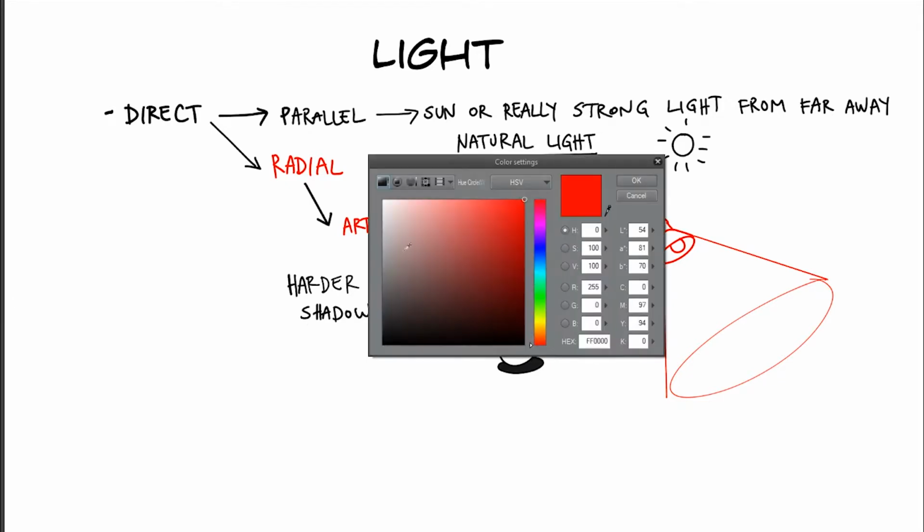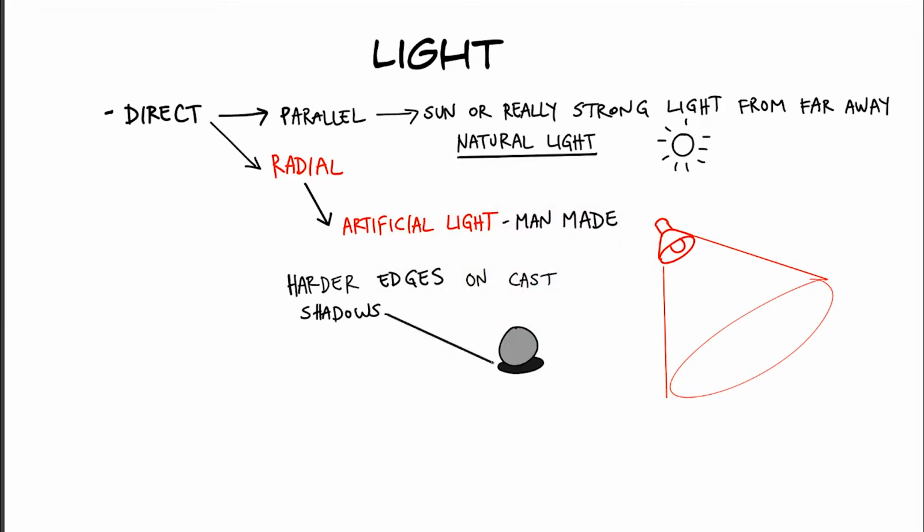So remember, cast shadows have hard edges and form shadows have soft edges.